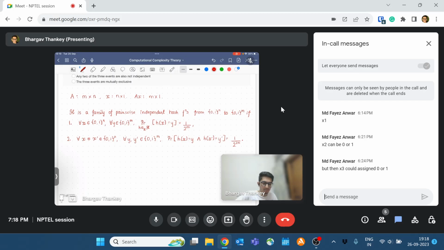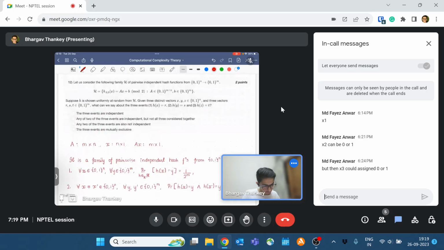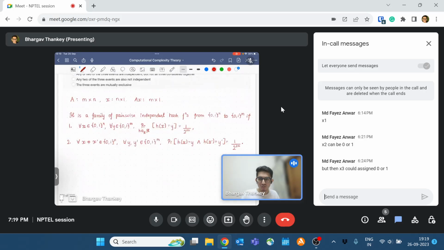First of all, there is nothing like a pairwise independent function. You only have a family of pairwise independent functions. So H is always a collection of functions, and you pick something at random from it. Let me write this over here.